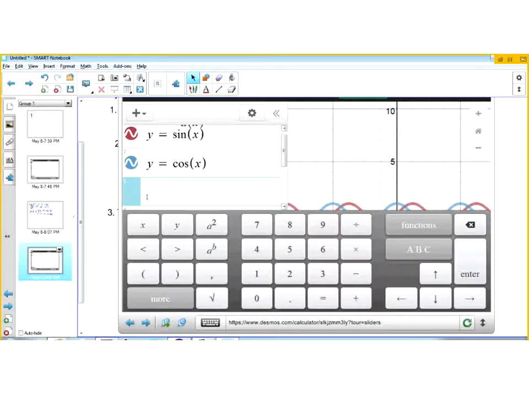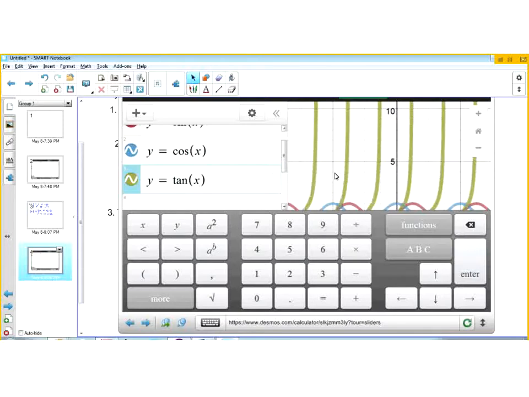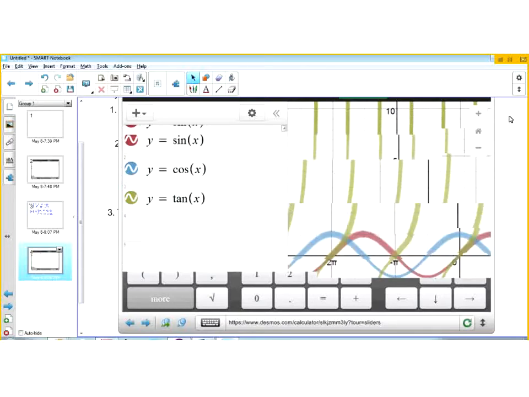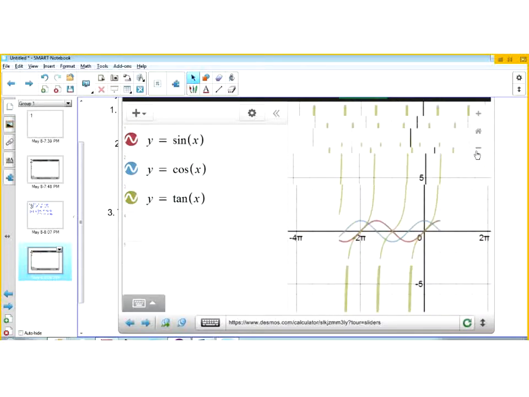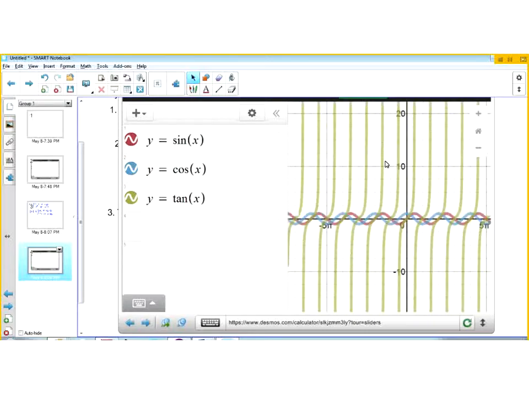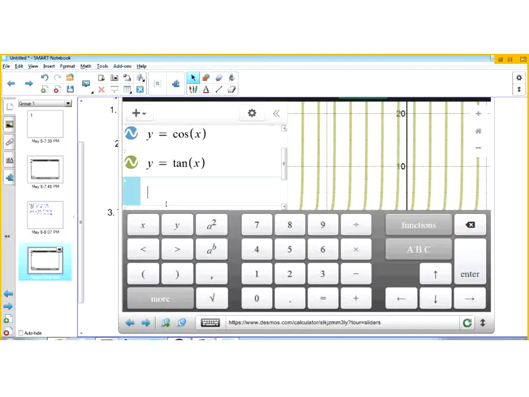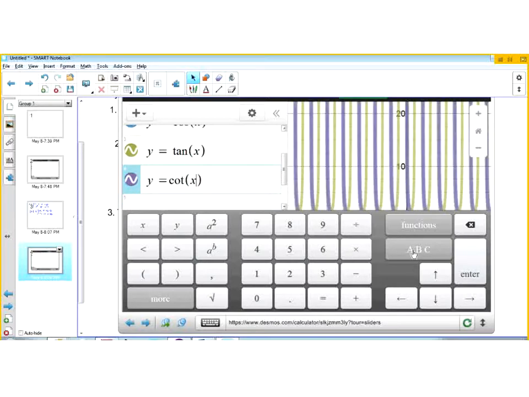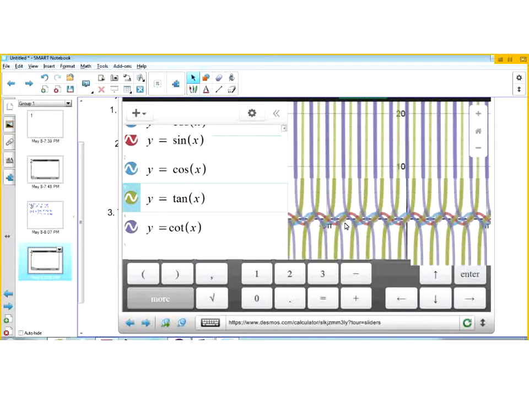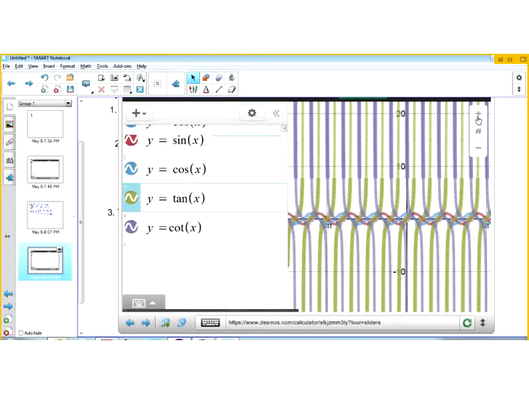Well, we have y equals tangent x, shown in green on this graph. And then y equals cotangent of x, shown in purple on this graph.